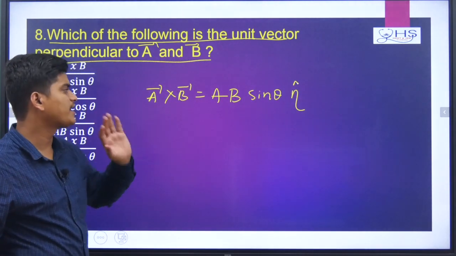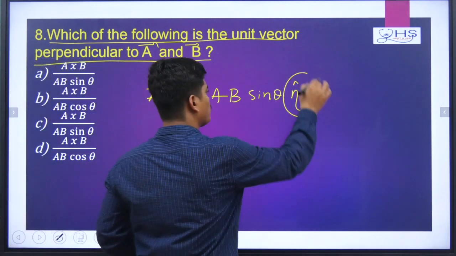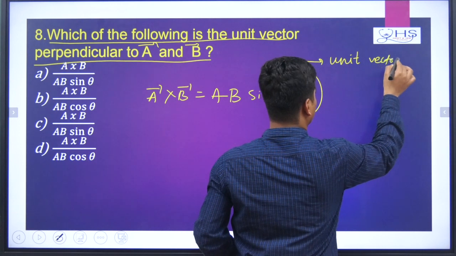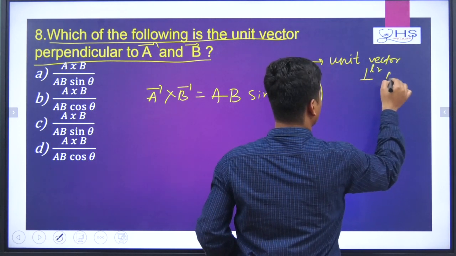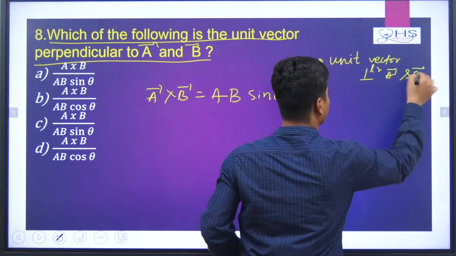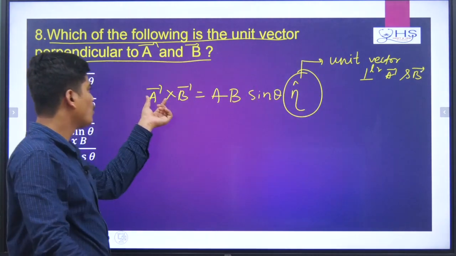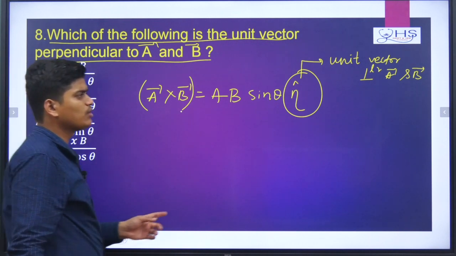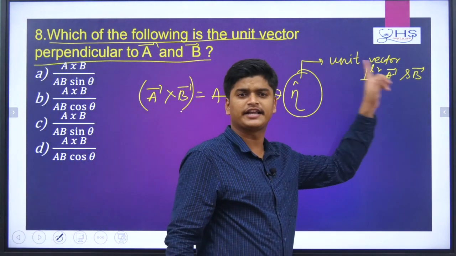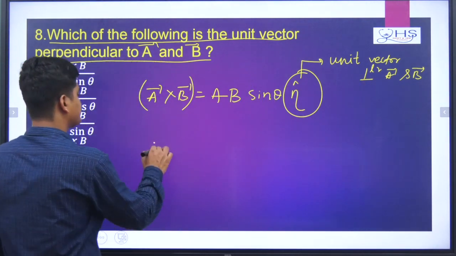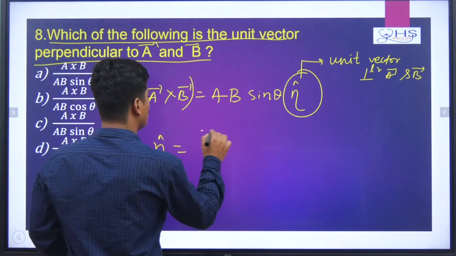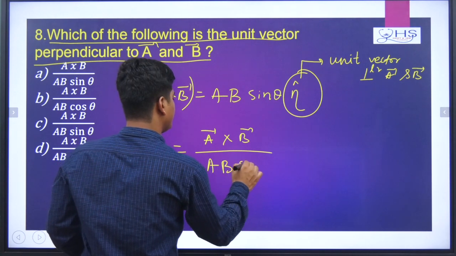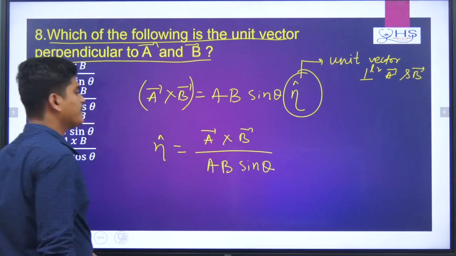A cross B is AB sin theta n cap, and this n cap is called the unit vector, perpendicular to A vector and B vector, and parallel to A cross B. If you want to find this n cap, then we will do A cross B divided by AB sin theta.